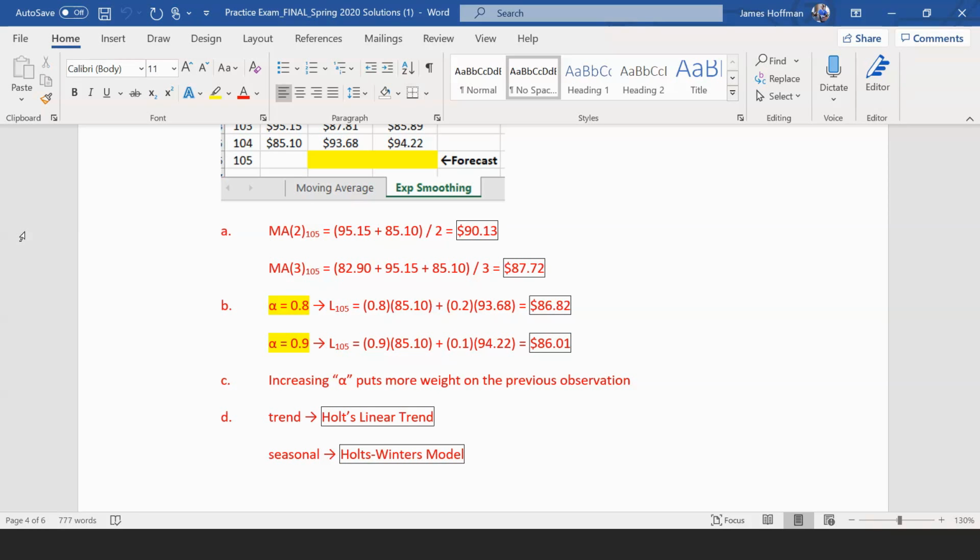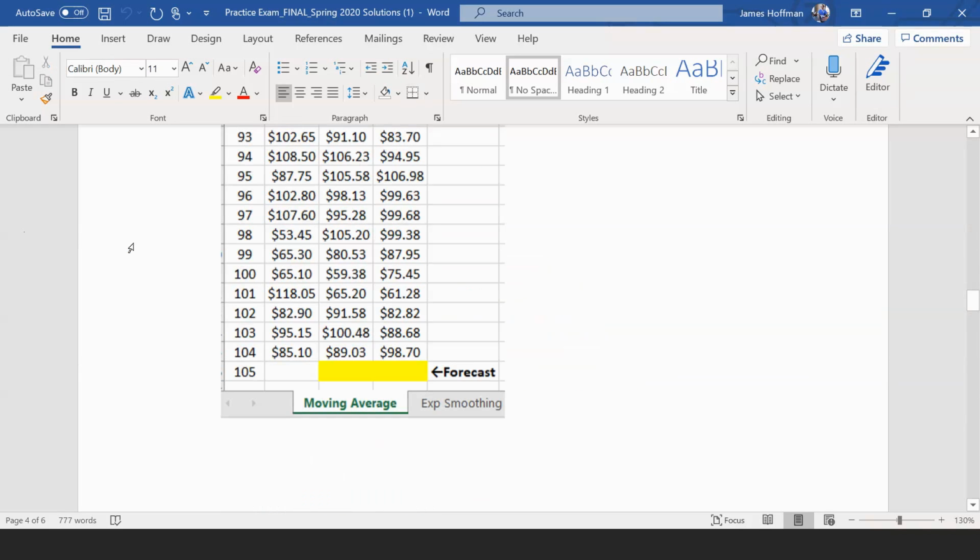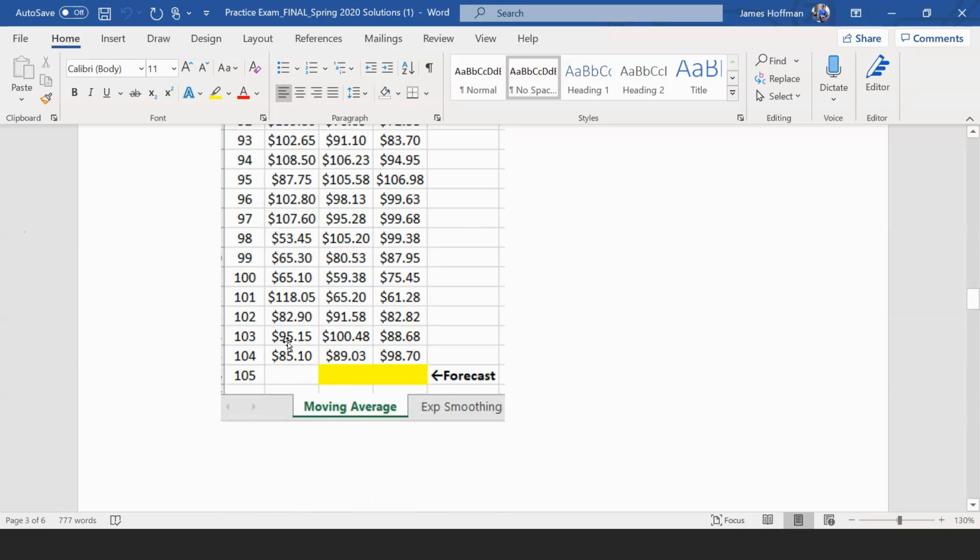All right, so a moving average of 3. Now you want to take the average of the last 3 pieces of data. So just throw in the week 102 to your average calculation. So you want the average of these last 3, which is 82.90 plus 95.15 plus 85.10.